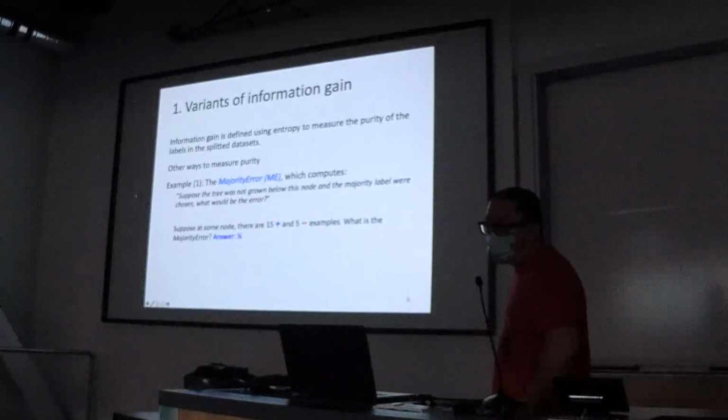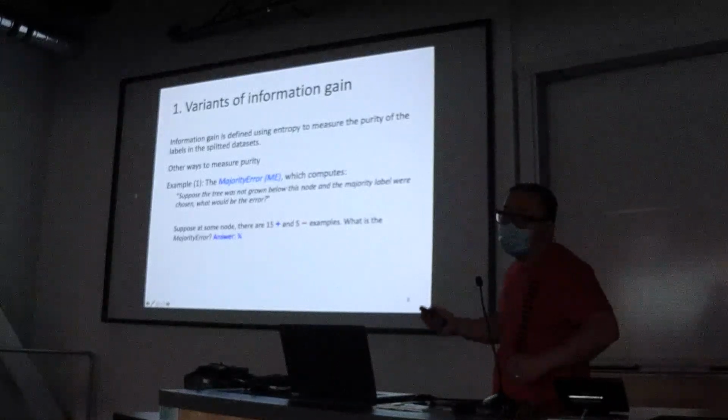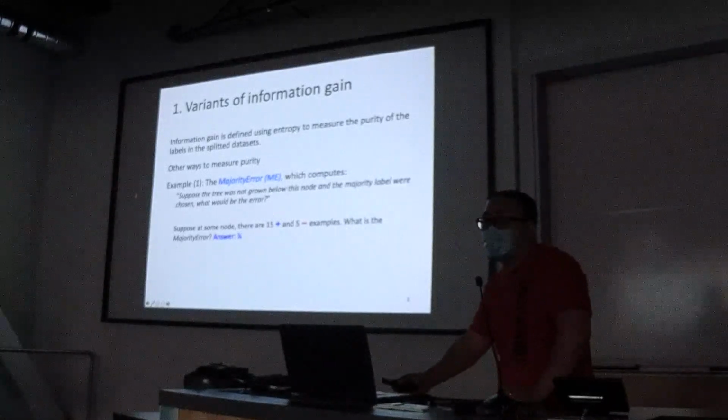And my question is, can the majority error possibly be more than half? No, it never can be, because the majority label actually takes at least 50% of the examples.